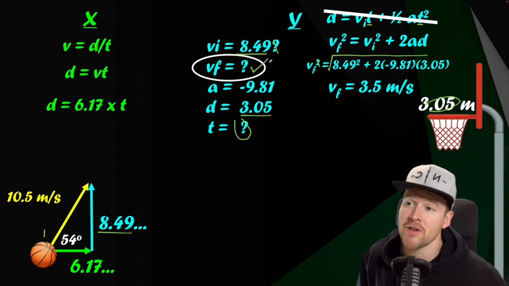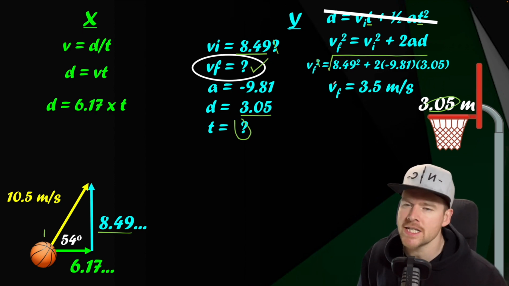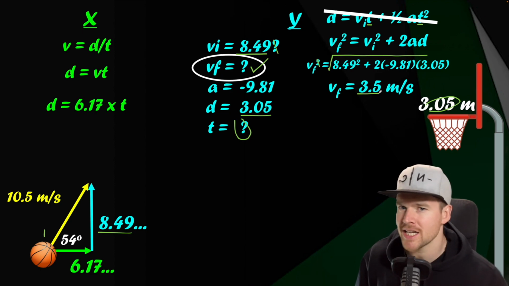Okay, so now I know my VF value, but just before we move on to anything else, we should actually consider what this number is, 3.5 meters per second. It was launched at 8.49, positive meant upwards, and when it goes into the hoop, it's going 3.5 meters per second, which means upwards still. That doesn't really make any sense. So we should always check in with the positives and negatives to make sure these values make sense.